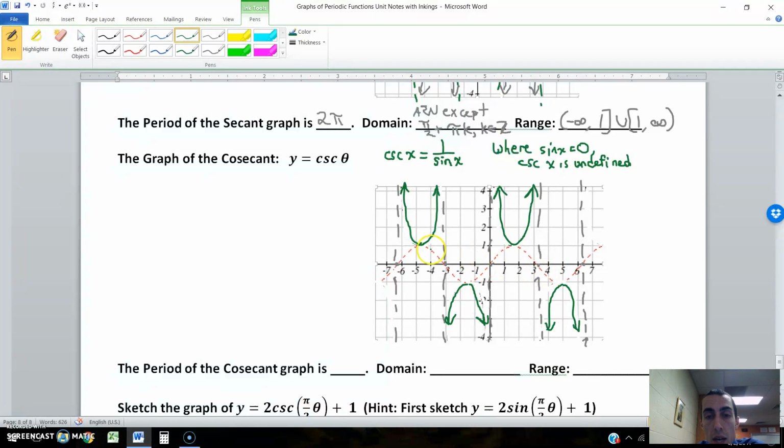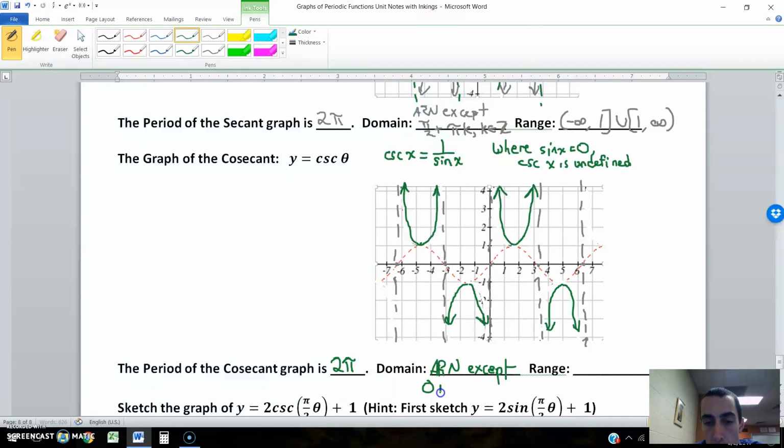Now, to save you a little bit of time, I just finished drawing the rest of the graph. It has U-shaped curves that jump off the tops of the sine graph and jump down from the bottoms of the sine graph. It takes 2 pi units for this graph to repeat. And its domain is going to be all real numbers except zero, pi, 2 pi, 3 pi, and so on.